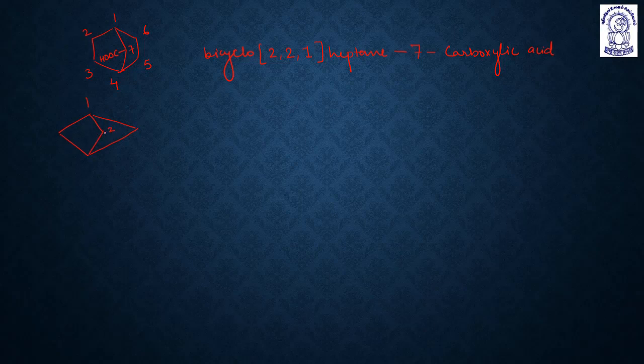One, two. I'll do one thing. This is 3, 4, right? 5, 6. Longest 2 carbon, then 1 carbon, then 1 carbon. The rule will be same. Bicyclo 2 comma 1 comma 1 hexane.